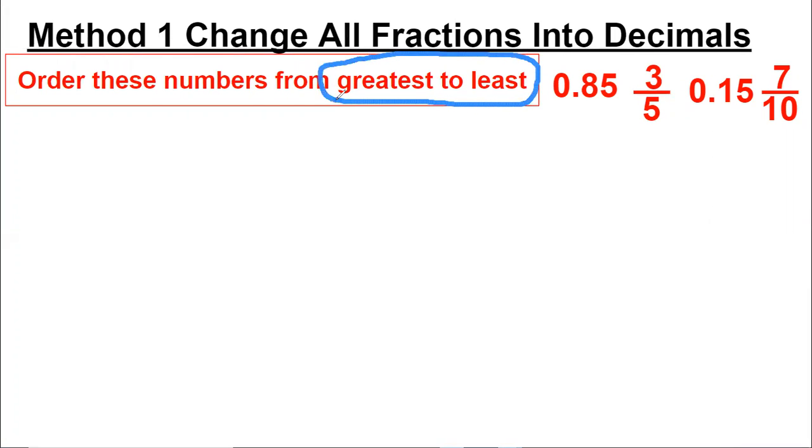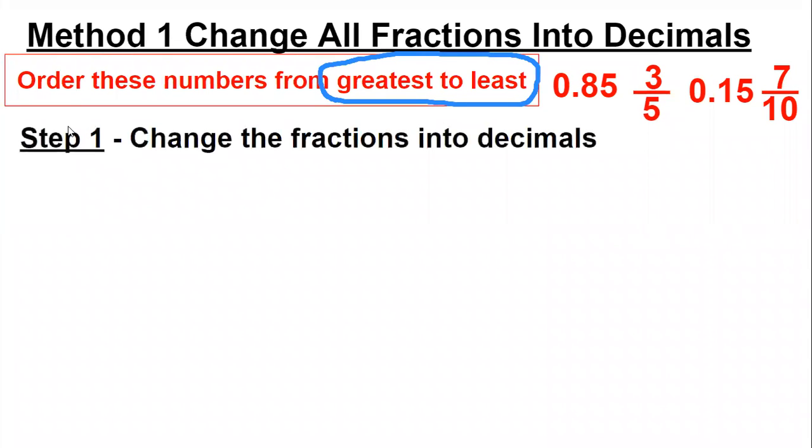So the opposite way this time. Step 1, we're going to change the fractions into decimals. This is method 1. When you're doing this, you have the option of using method 1 or method 2.